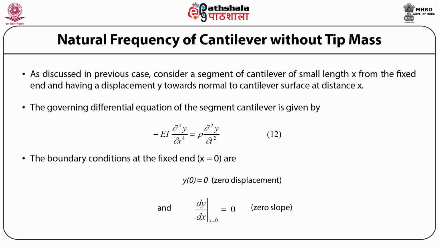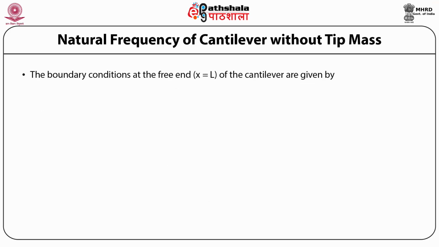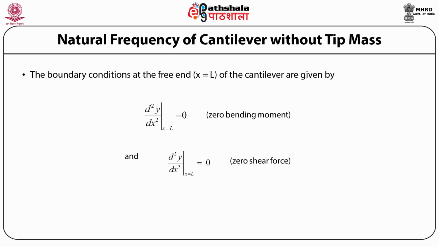Now the boundary conditions at the free end, that is x is equal to L, of the cantilever are given as del square y by del x square and del cube y by del x cube, all of which come to be 0, that is, zero bending moment and zero shear force.